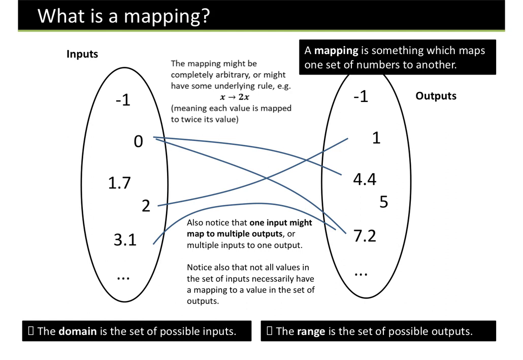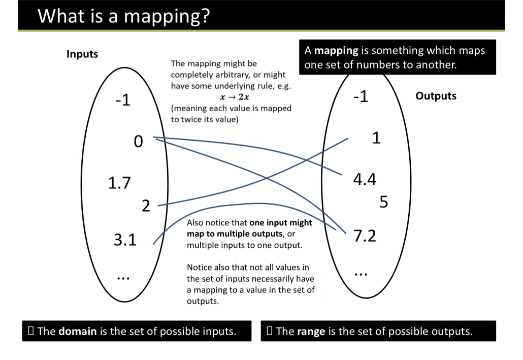So we can get the same output from two different inputs. That's pretty much what it says down here as well. Also notice that one input might map to multiple outputs or multiple inputs to one output. Notice also that not all values in the set of inputs necessarily have a mapping to a value in the set of outputs.